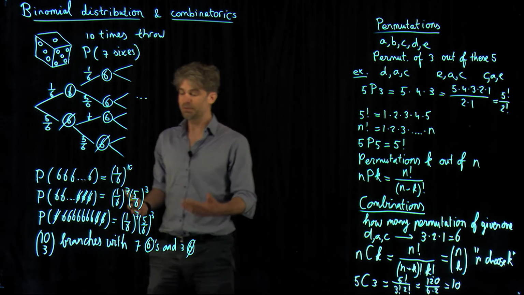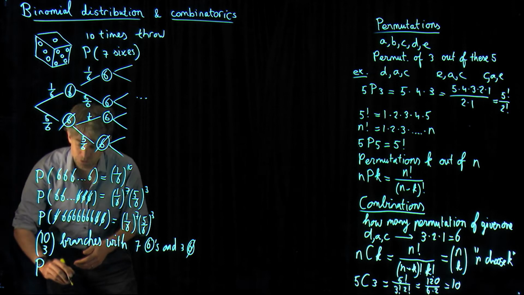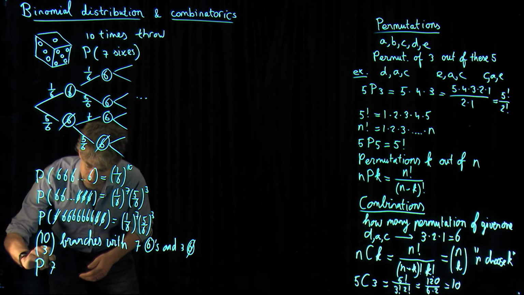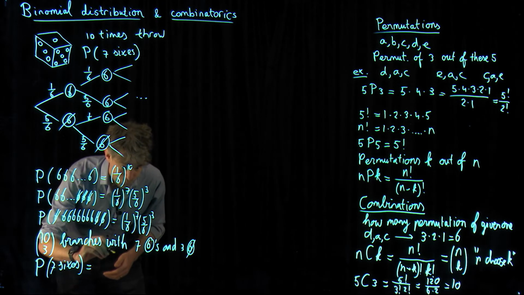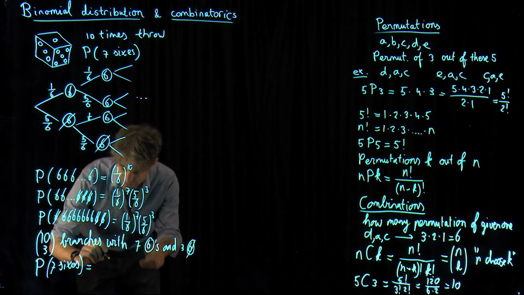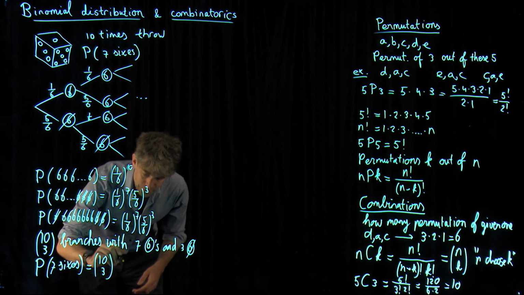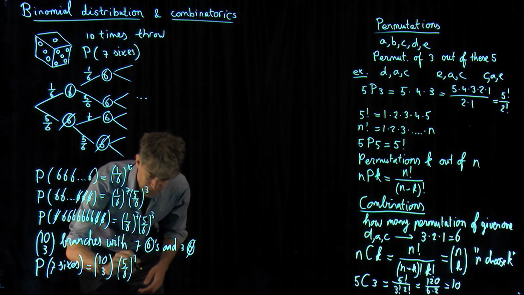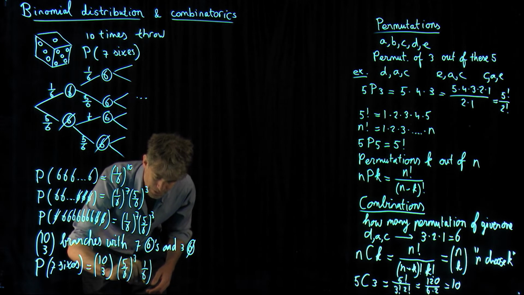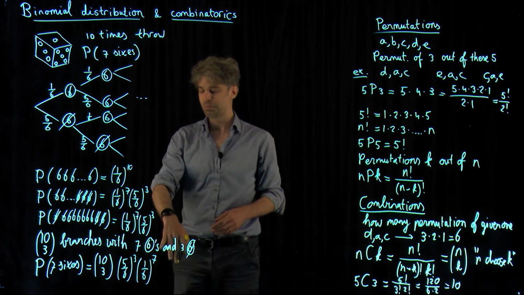And altogether, the probability I really wanted to know from the start, the probability for 7 sixes, equals 10 choose 3 times 5 over 6 to the power 3 times 1 over 6 to the power 7. Did I say times? I mean to the power 3 and to the power 7.